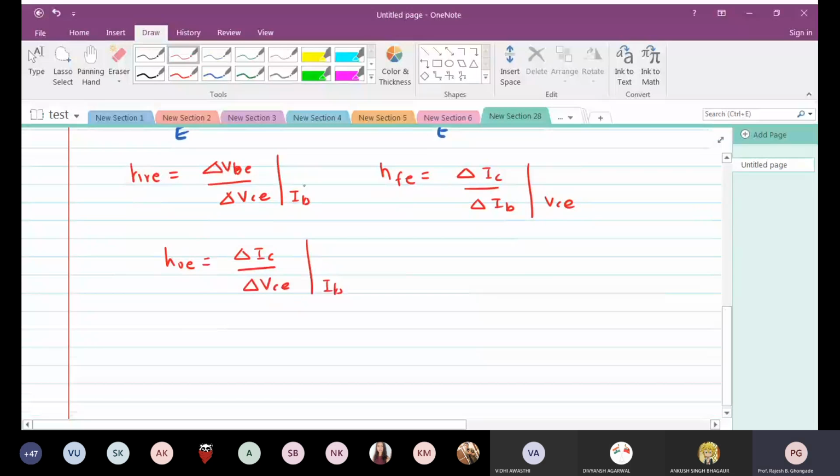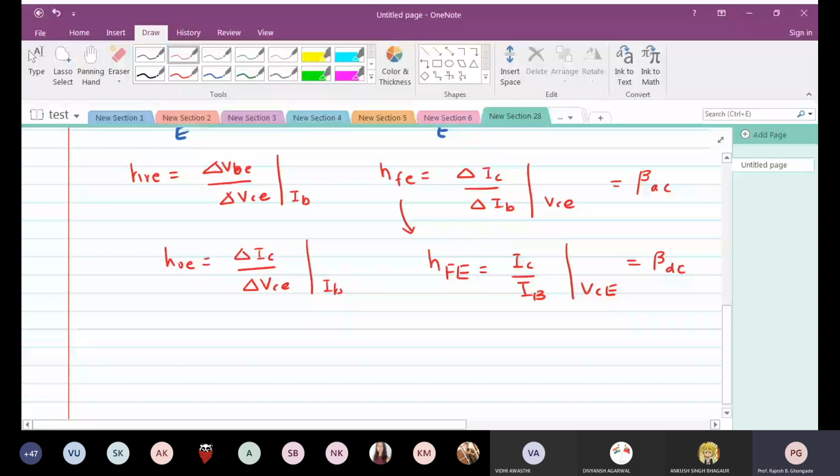Now this HFE, we have seen a different variety of this as simply IC over IB, when your VCE was constant. See the difference here? This actually is called beta AC and this is called beta DC.